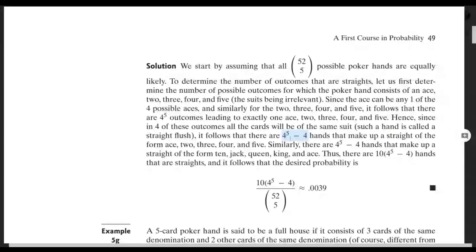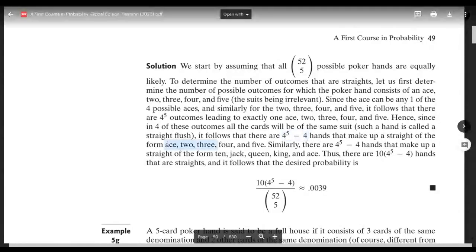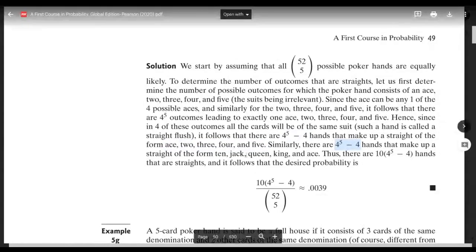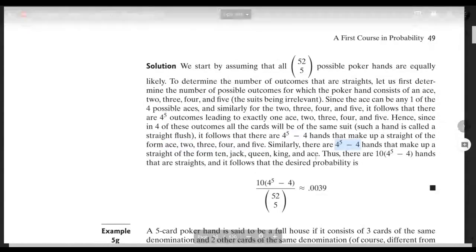So 4 raised to 5 minus 4 hands make up a straight of the form ace, 2, 3, 4, and 5. Similarly, there are 4 raised to 5 minus 4 hands that make up a straight from 10, jack, queen, king, and ace. So how many of these possibilities do we have from ace, 2, 3, 4, 5?